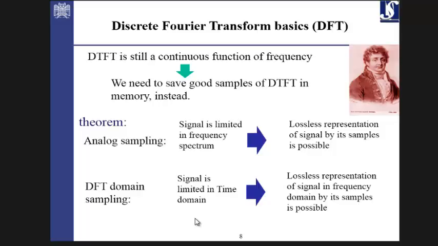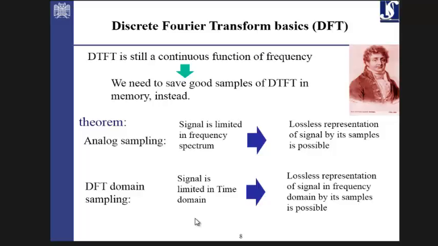Now you want to take the samples of a signal in the frequency domain, such that the reverse process is possible. It means that the signal in the time domain should be bounded. So if the signal is limited in time, then you can have a lossless representation in the frequency domain by its samples.